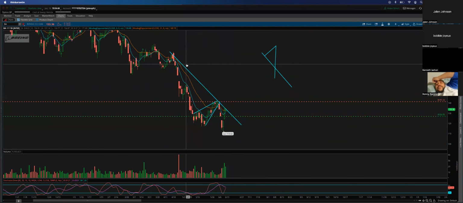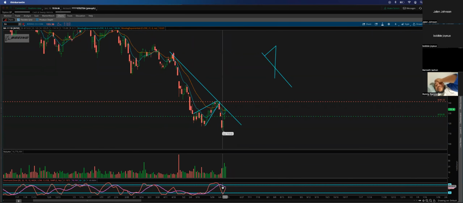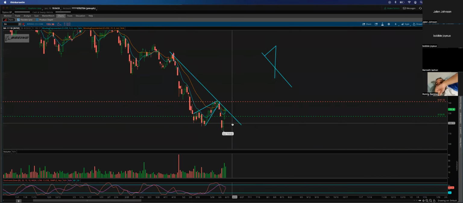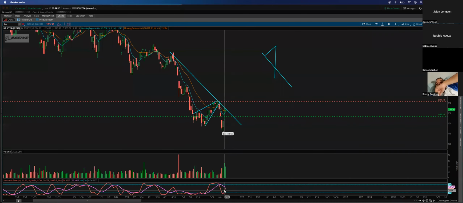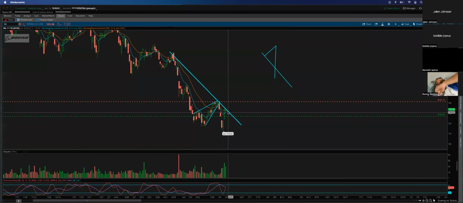Yeah, we know that it's been rejecting this trend line, but at the same time, we don't have any other confluences right now, at least on this time frame, to tell us that Boeing is coming down. Now, I'm not saying because you see all of this right now, everything looking bullish means that it's going to go up, right? But overall, I don't know. We don't know that until it gets there, right?